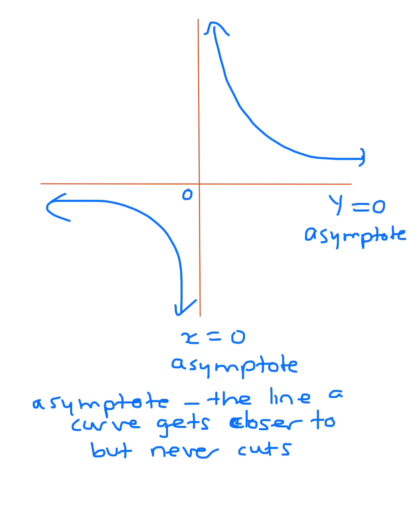The x and y axes are the asymptotes in this case, because the curve is getting closer to them, but it's never actually cutting them or meeting them. There's one asymptote, the x-axis, and the other asymptote is the y-axis.